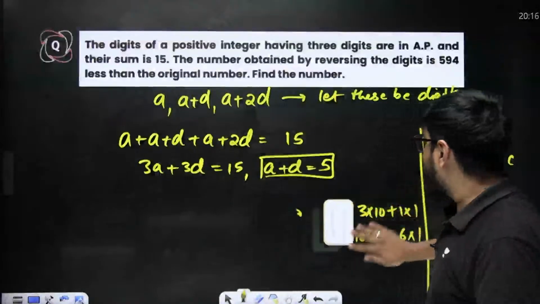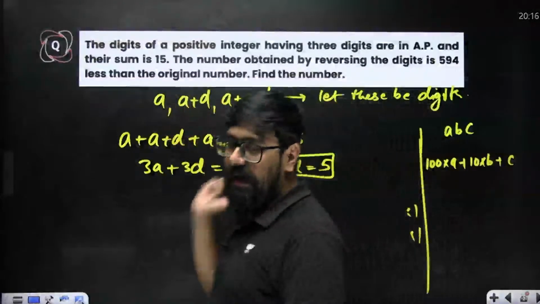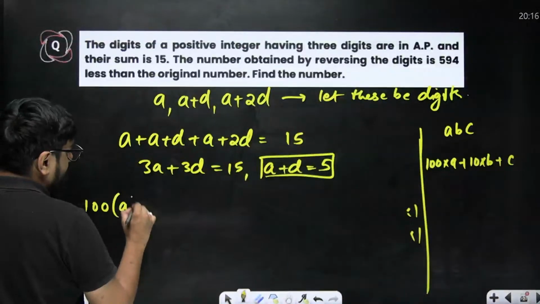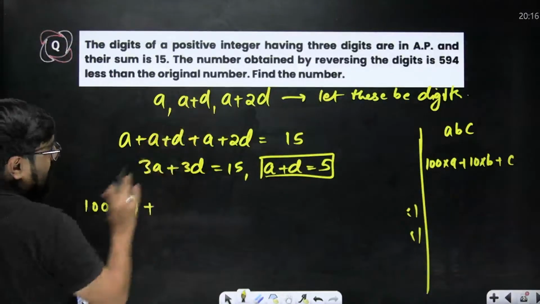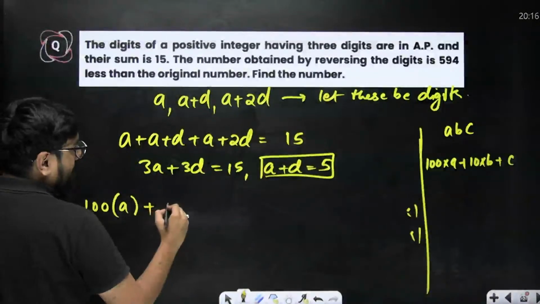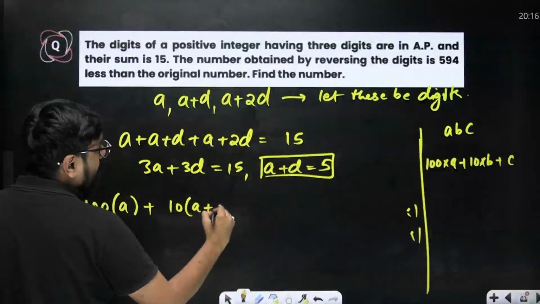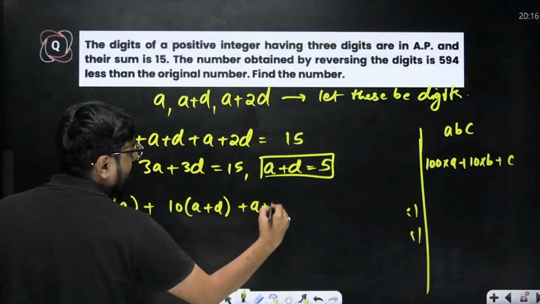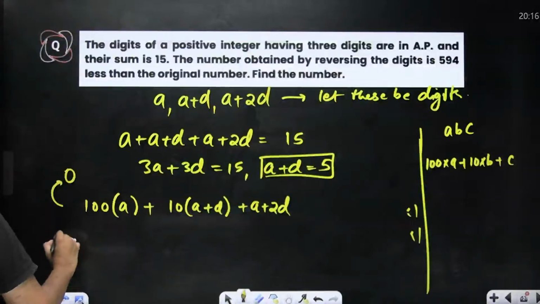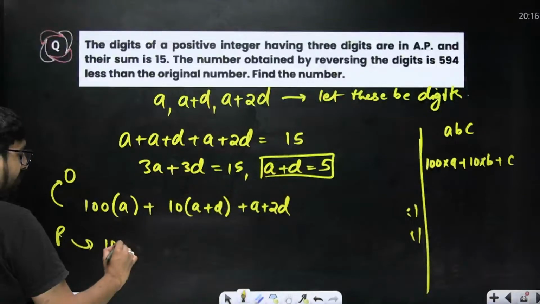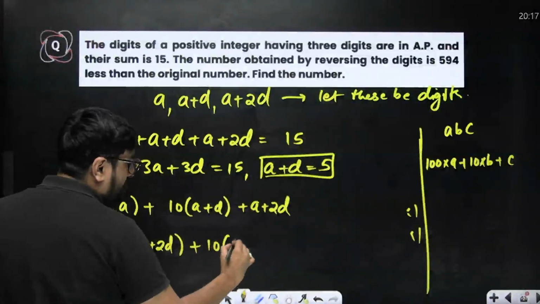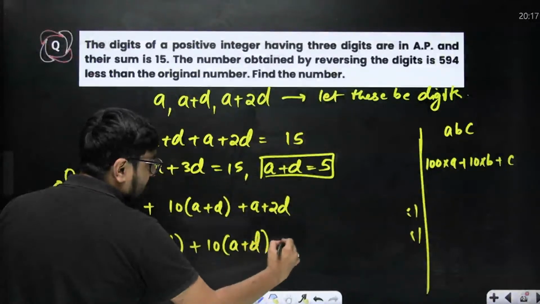So if these are my digits, how will the number be formed? In this sequence, 100 into a plus 10 into a plus d plus a plus 2d. This will be the original number. The reverse number will be 100 into a plus 2d plus 10 into a plus d plus a.